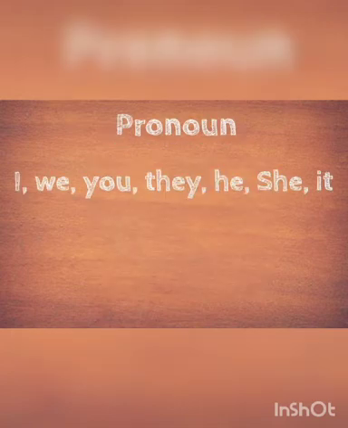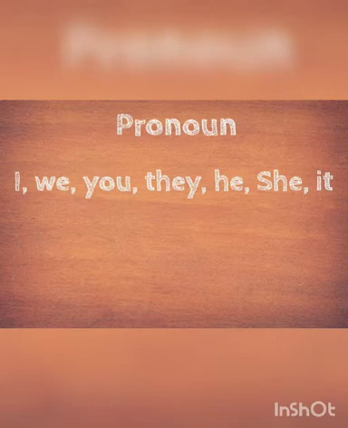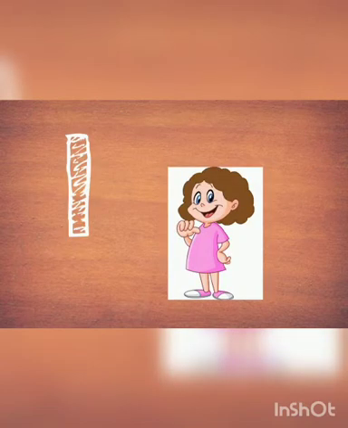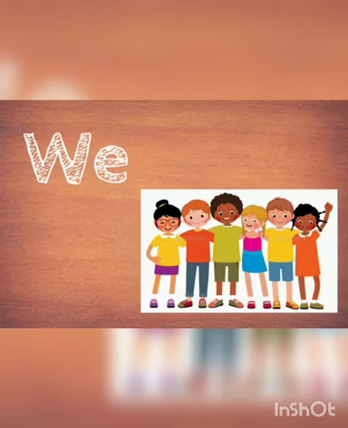Let's see what pronoun is. Pronouns are I, we, you, they, he, she, it. We will understand pronoun with the help of pictures. Let's start. At first, I. I means मैं. I is the pronoun. Then we. We means हम. As you can see in the picture.